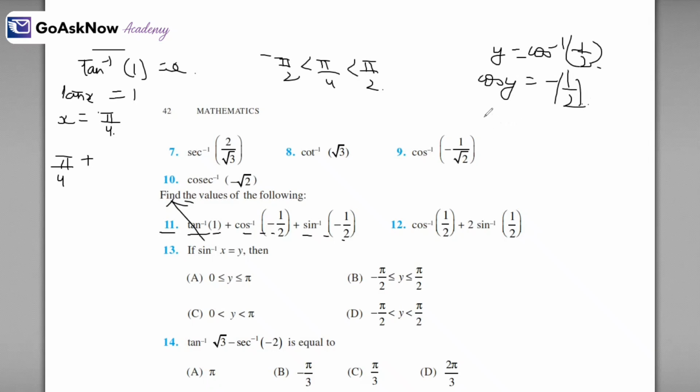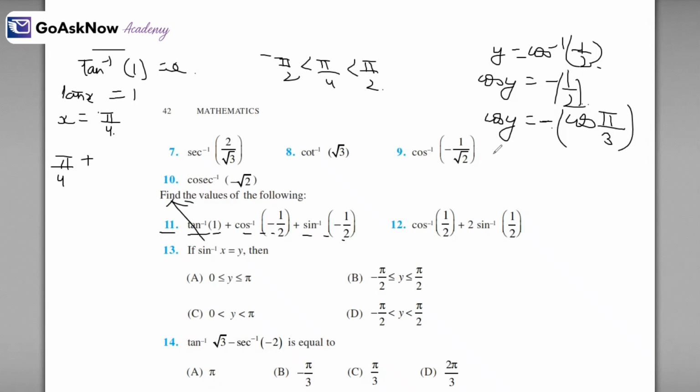In the second quadrant, you know that cos y is minus of cos pi by 3. At cos pi by 3 you have the value of half, and the minus sign is there.